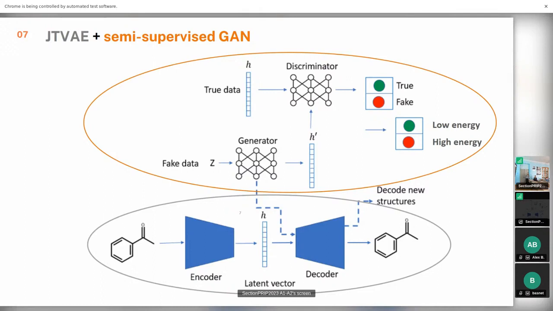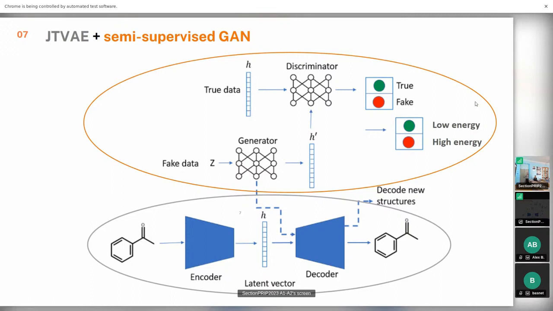But graph representations also have some disadvantages, because nowadays there are only several generative adversarial network models which use graph representations directly.